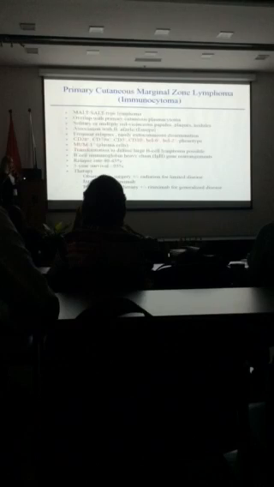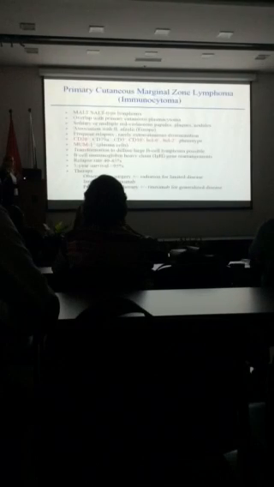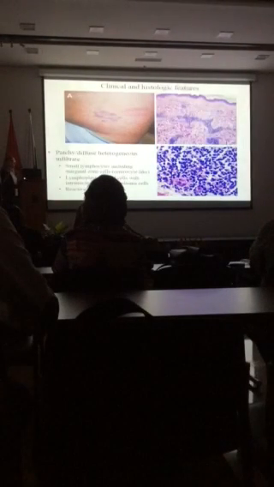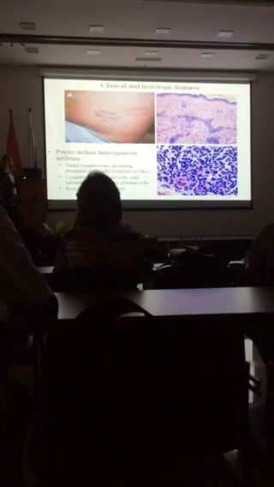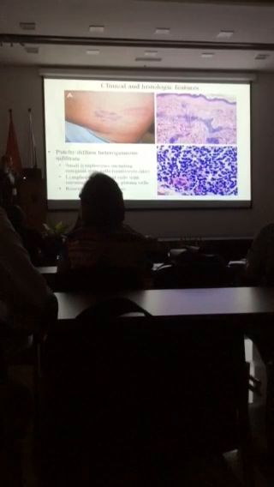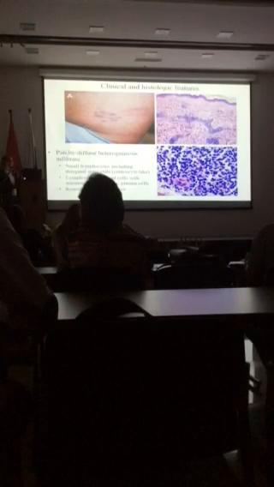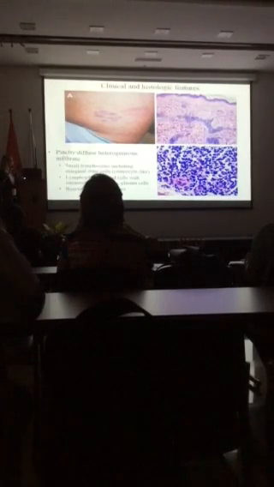In my next lecture, I will get into therapy, but briefly, you can even observe those patients. You don't necessarily need to treat them right away. These are the clinical features. If you find this in multiple papules, they actually coalesce into plaques. This is a typical finding with a patchy infiltrate, periadnexal in the superficial and deep dermis.